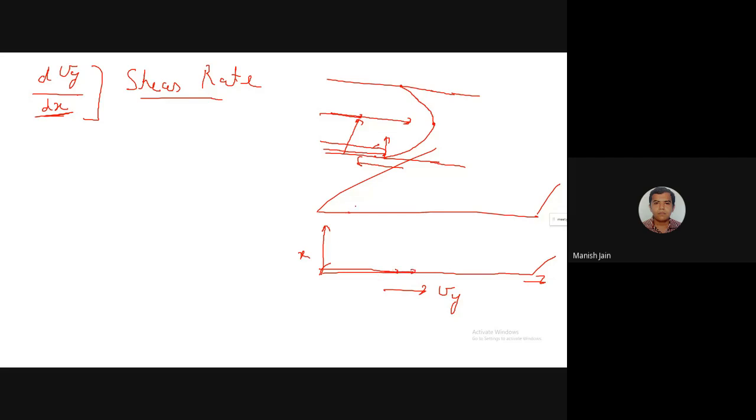Here you have velocity 0 because this plate is stationary. So you have a velocity profile. When you move in the x direction, the velocity will change. That's why you have dvy by dx. So dvy by dx is the shear rate, which signifies the velocity gradient in a given direction.